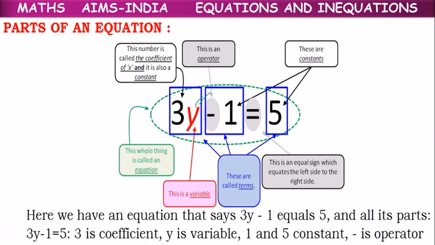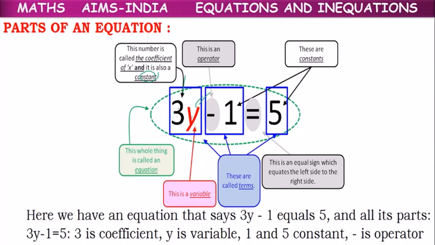So the y value changes depending on the equation. But 3 is always a constant, and since 3 is in front of the variable, accompanying the variable, it is called the coefficient.